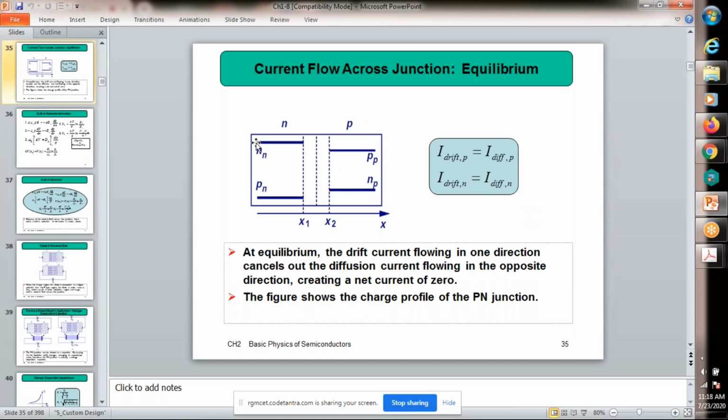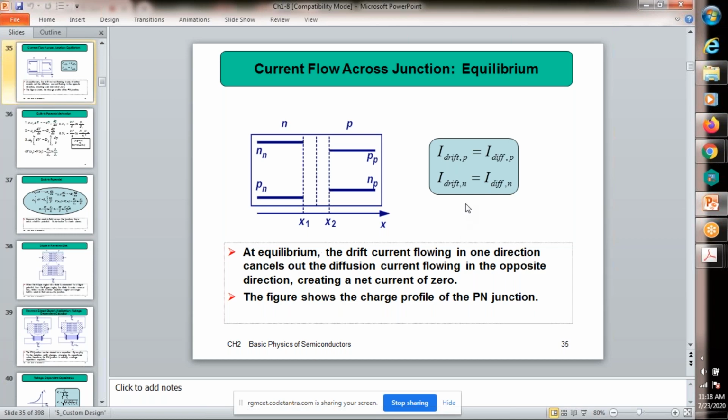Now, due to the flow of drift current and diffusion current, when both are the same, the net diffusion stops. So the drift current due to holes is equal to the diffusion current due to holes. Similarly, the drift current due to electrons is equal to the diffusion current due to electrons.